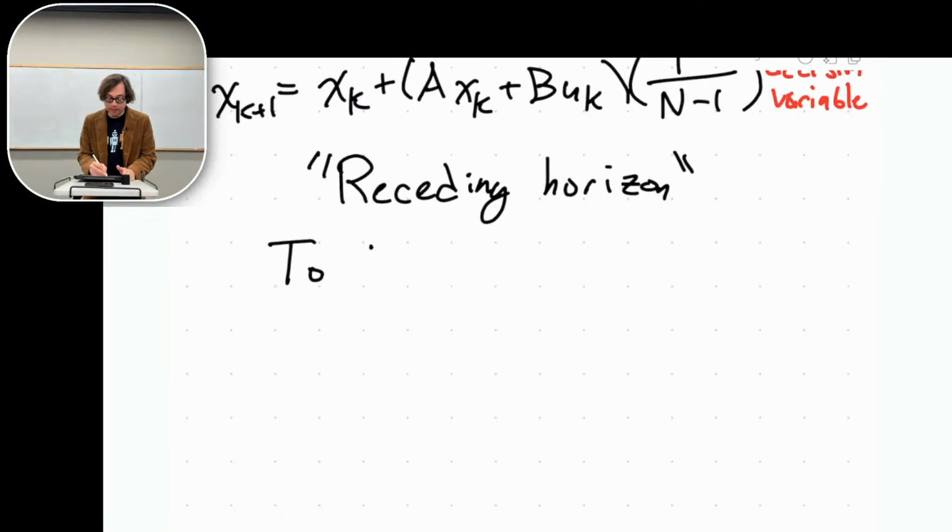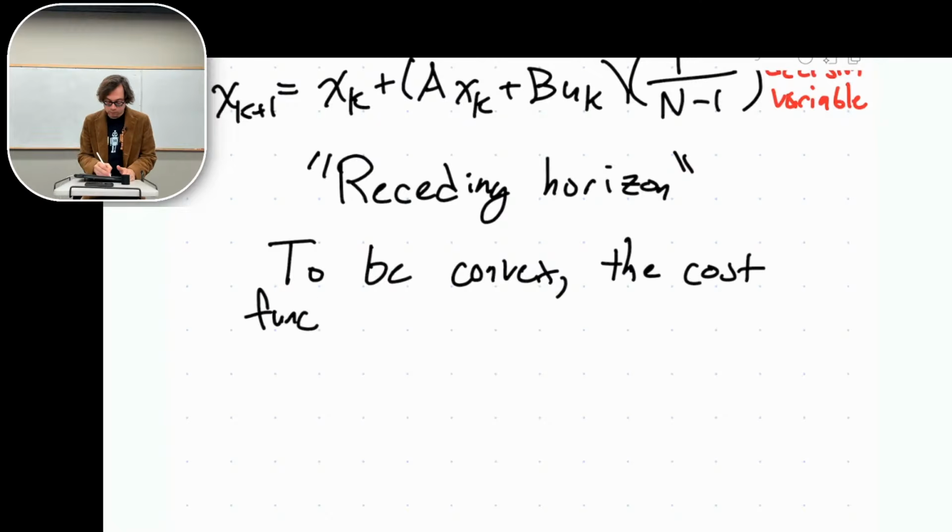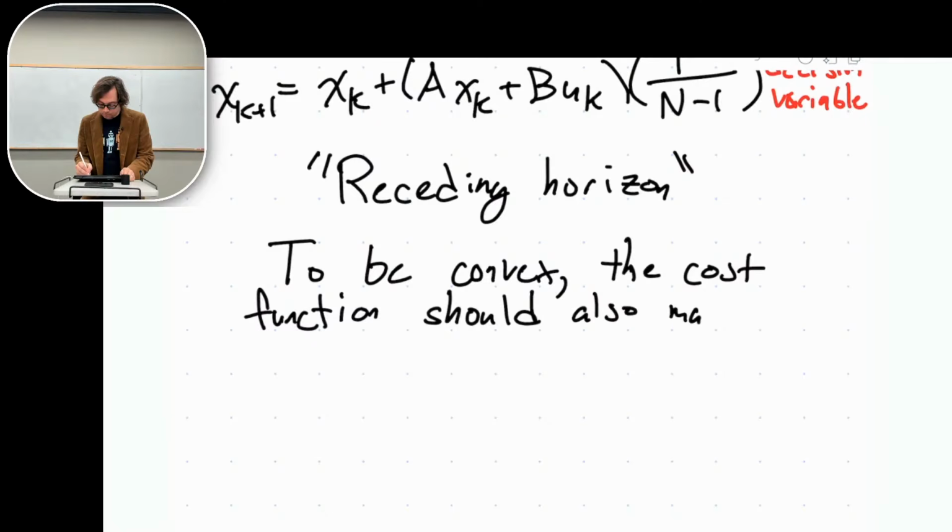But to be convex, the cost function should also make the optimization convex.